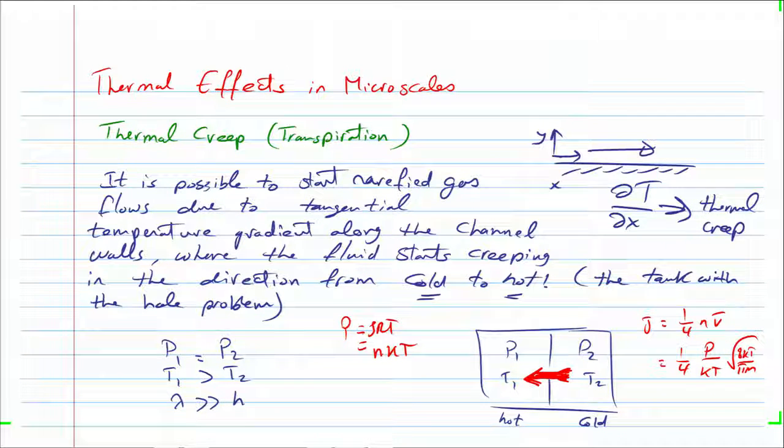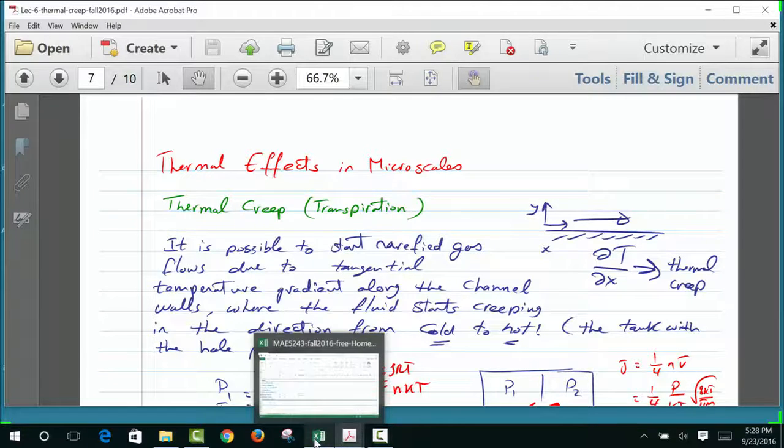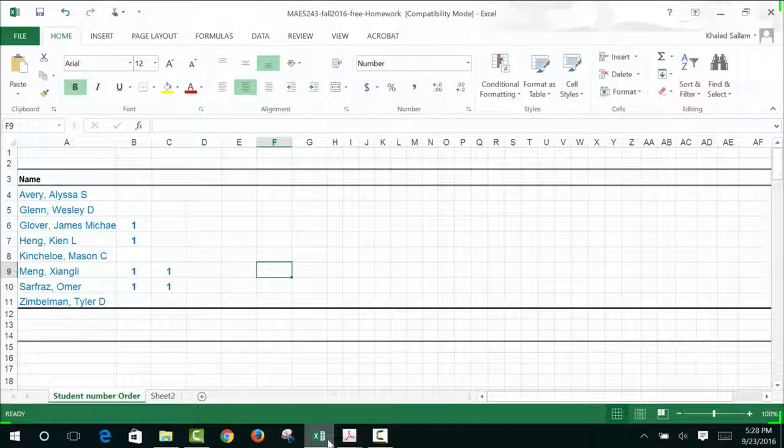So for air, what's the gas constant for air? Anyone, for a free homework, what's the R?